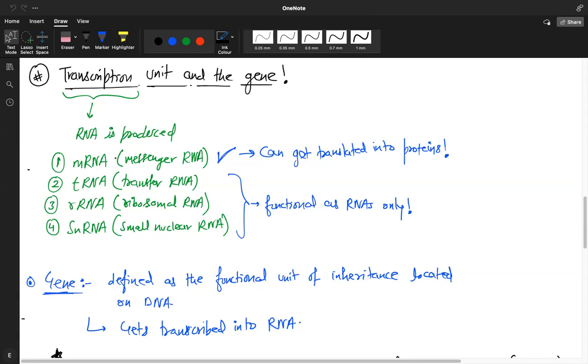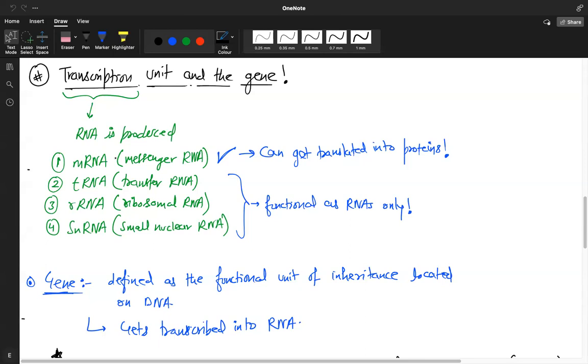Yes, sir. Now the problem here is that we used to define gene as the functional unit of inheritance located on DNA, right? And we know that every gene gets transcribed into RNA. So that is clear for all the genes. But now what happens is all the genes that get transcribed into RNA may not get translated into proteins.